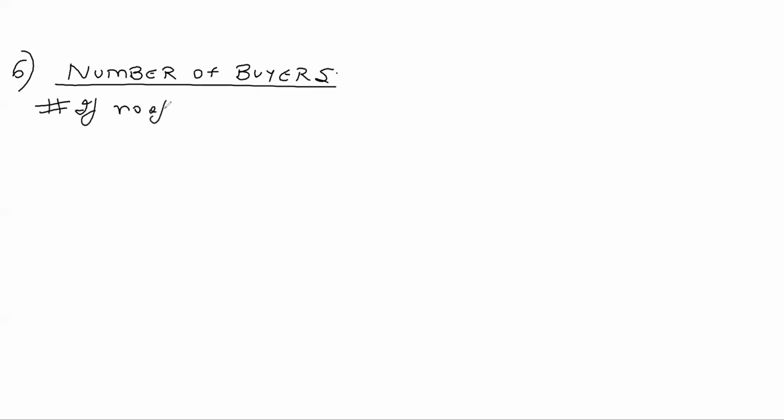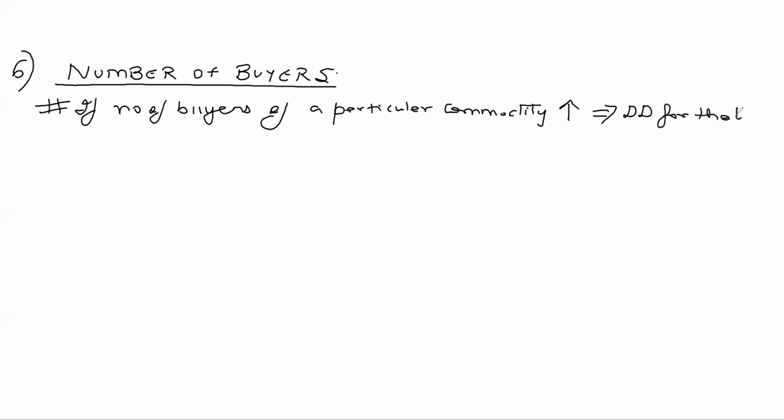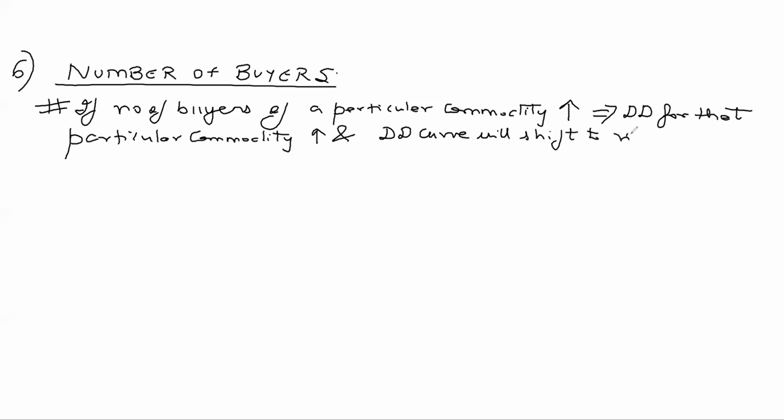If the number of buyers of a particular commodity go up, maybe due to brand following, due to advertising, we don't know the reason, demand for that particular commodity will increase, and the demand curve will shift to the right.